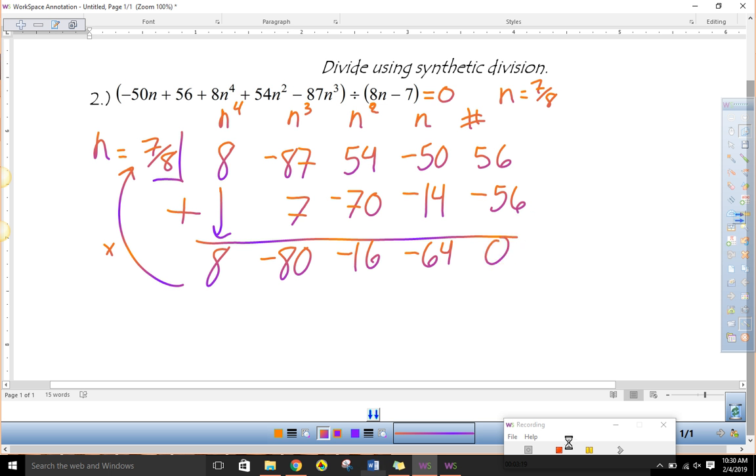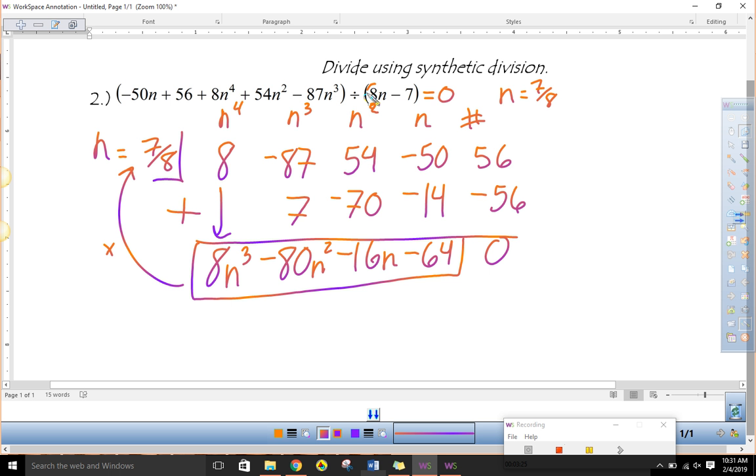So, what's your answer? 8 what? N cubed, because we knock it down 1. And if you want to be real fancy and reduce this, what do you get? What's the GCF for all of them?